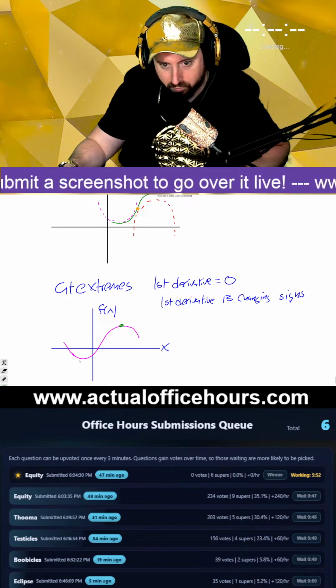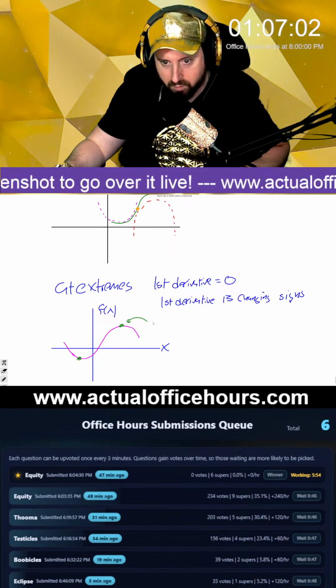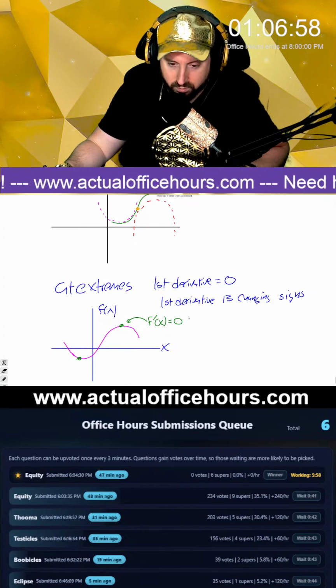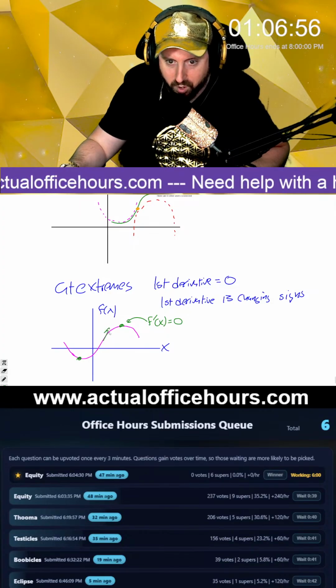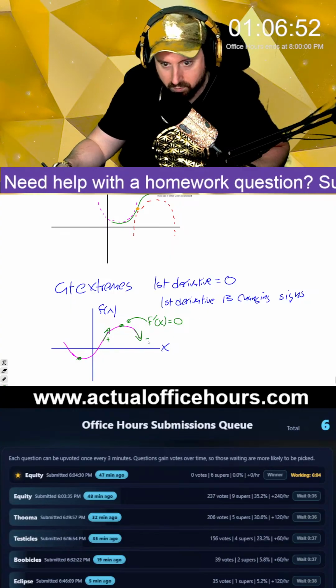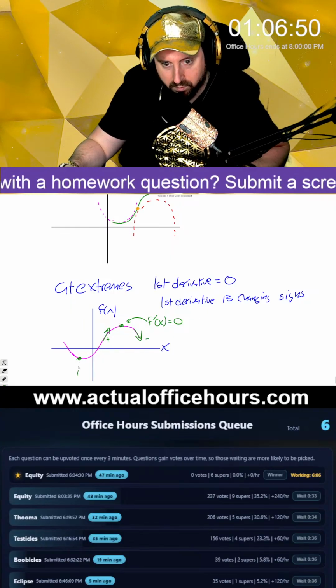These would be extremums, right? So here, notice that f prime of x would be equal to 0, and then the f prime is changing from positive to negative. And then here, same thing.